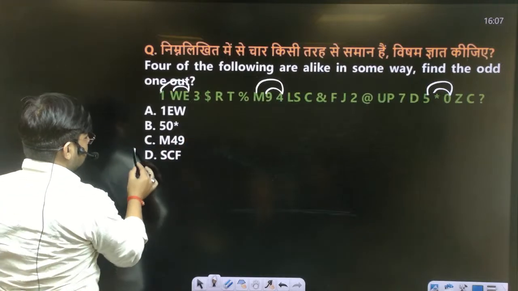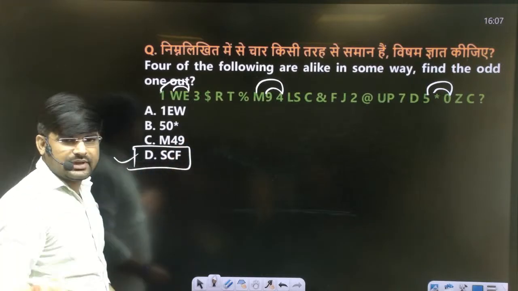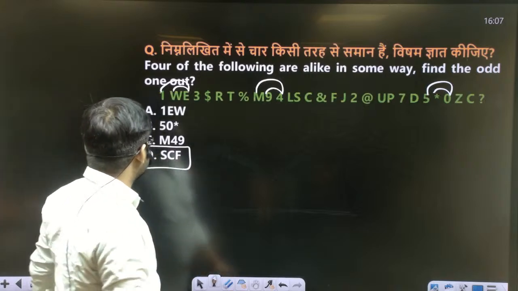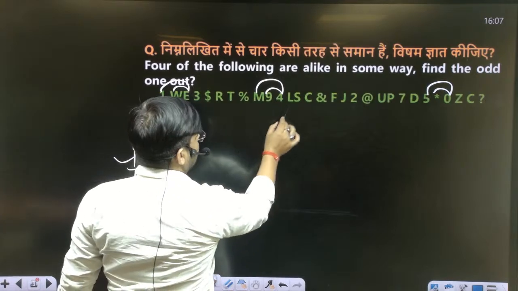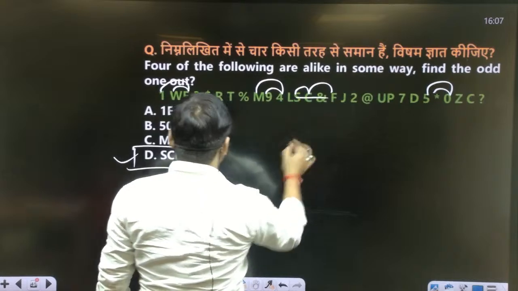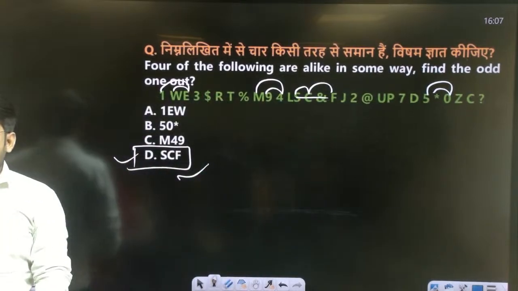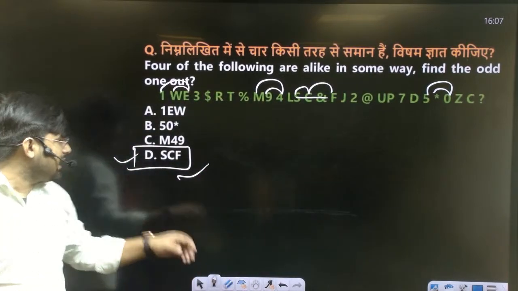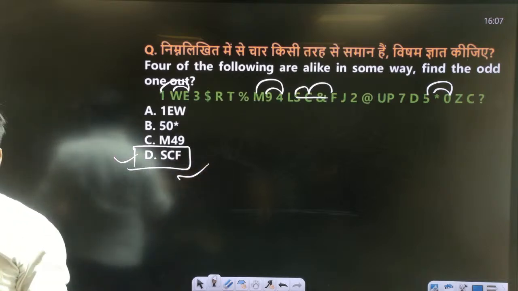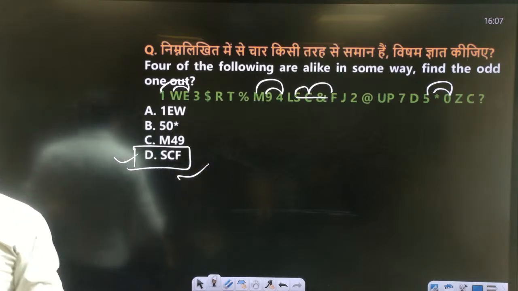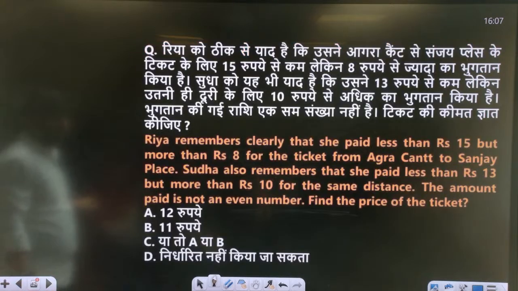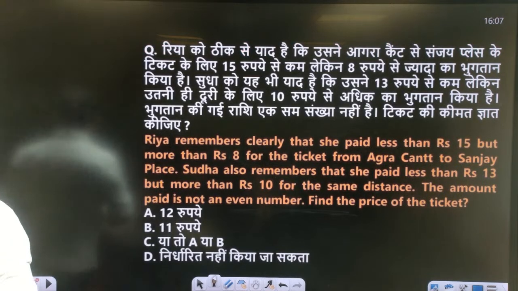So the fourth is the obvious odd one. We can check SCF. Is it clear? It's a type of odd one out classification. Odd one out.